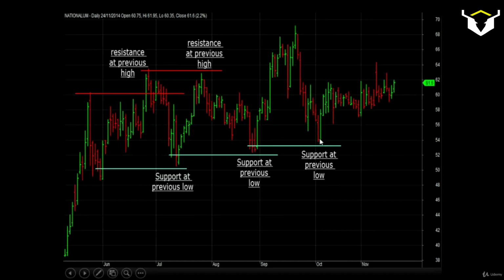In the first week of October, it came as low as 54 but found support at its previous pattern low and changed its direction and drifted sideways for the most part of October. And as of November, it's still drifting sideways. So it is important to be aware of pattern levels to identify support and resistance zones.